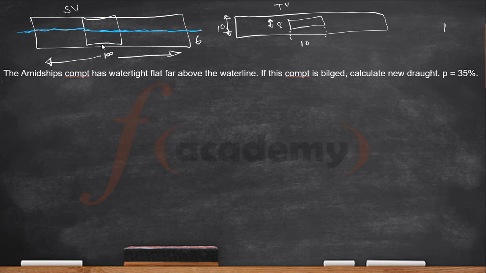So this is a box shaped vessel. The question reads: an amidships compartment has a watertight flat far above the waterline. So far above, so don't mind that. If this compartment is bilged, so there is a hole just here, calculate the new draft if the permeability is 35%.